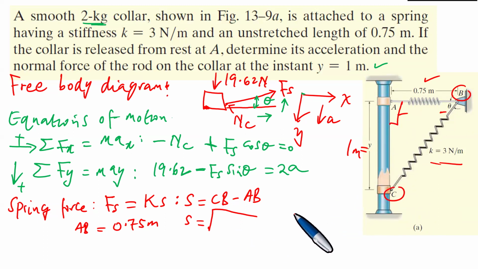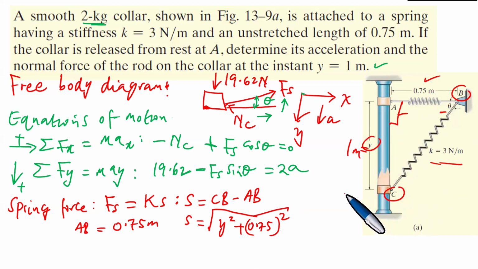The length of CB becomes the square root of y squared plus 0.75 squared. This is CB because you have y squared here and the 0.75, and then you find the length of the hypotenuse. This is called Pythagoras theorem. AB on the unstretched spring is 0.75. And this gives us the actual S, which is the stretching of the spring, because that is what we need to do.